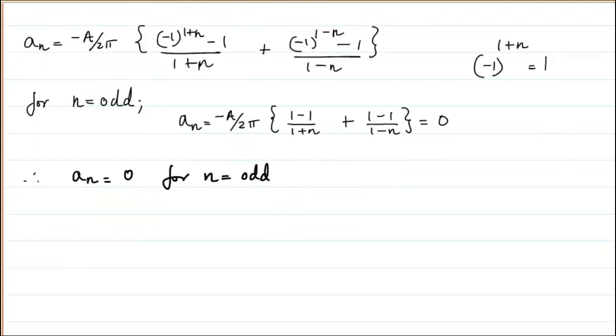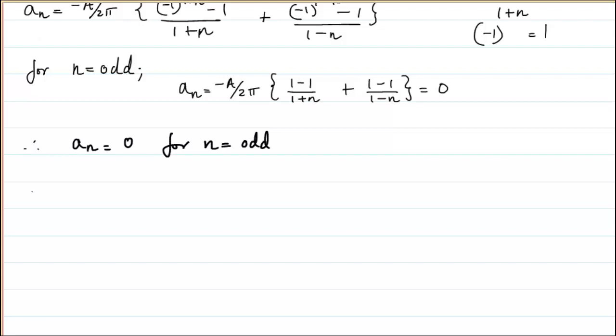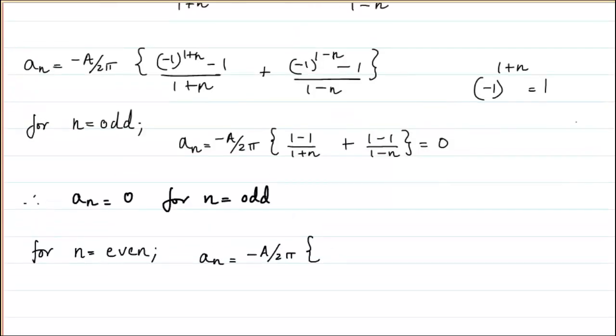And what about when it is even? So for n equal to even, an is equal to, now this equation becomes minus a divided by 2 pi into, so when it is even, we will get 1 plus n as odd, and odd power of minus 1 is going to be minus 1.